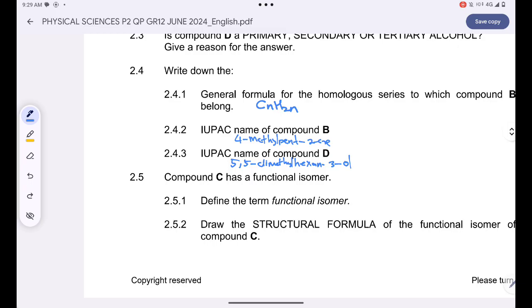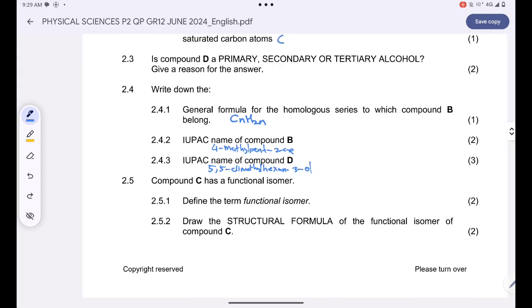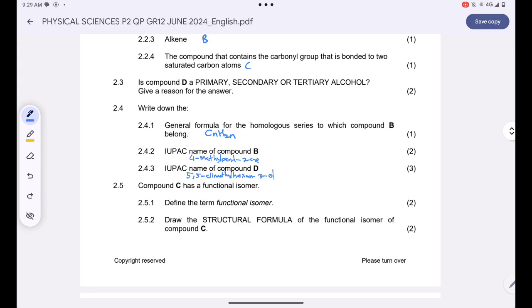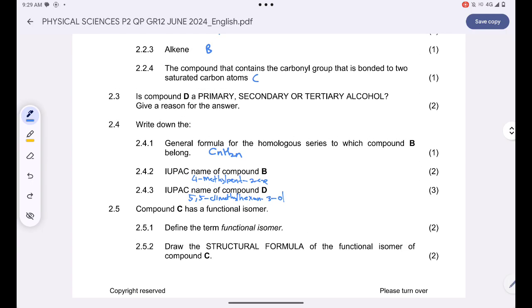The functional group for an ester is called an ester link, and the functional group for a carboxylic acid is called a carboxyl group. Are you together? Same applies with ketones and aldehydes. Both of them are functional isomers. The functional group for ketones is a carbonyl group. The functional group for aldehydes is a formyl group.